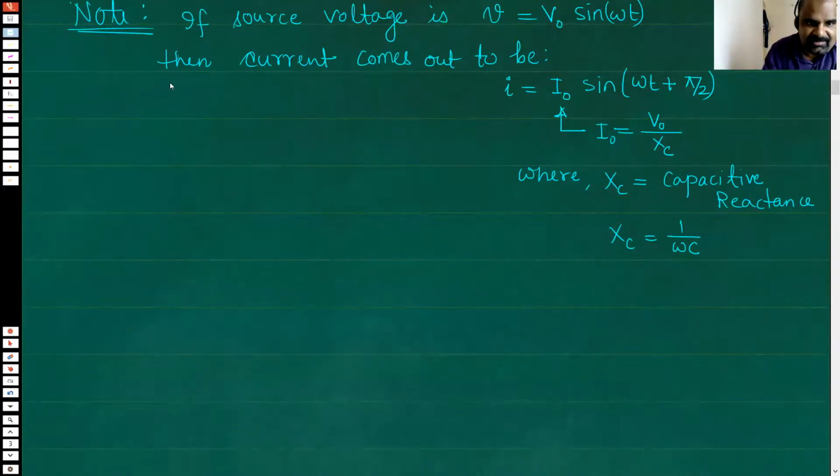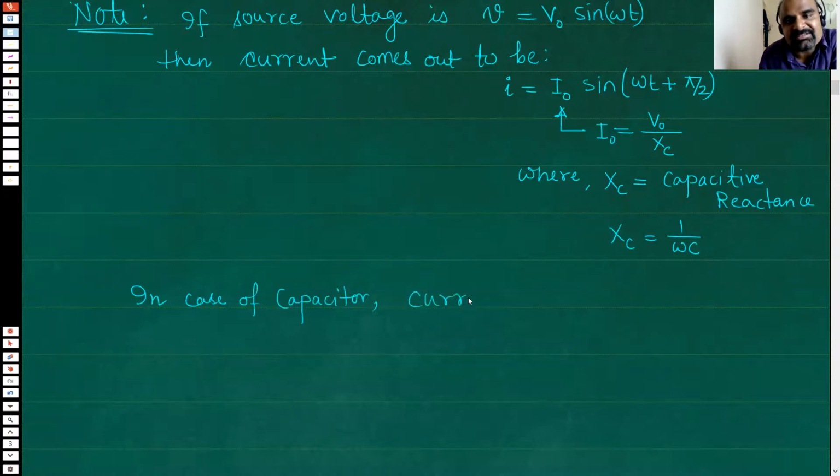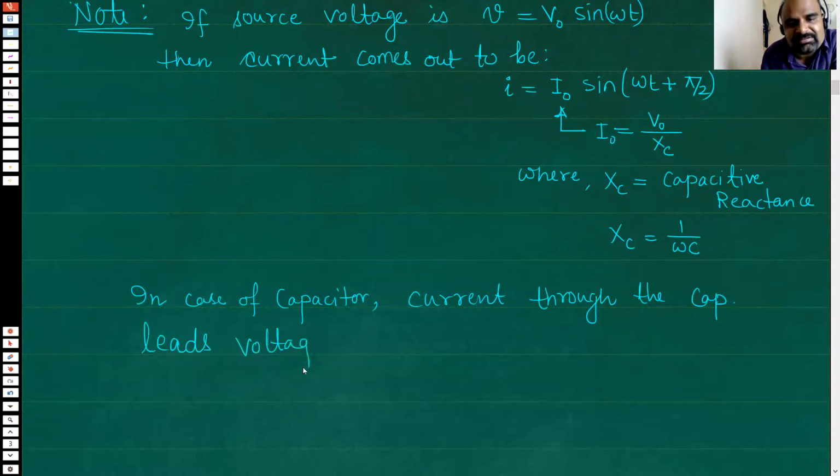So what can we say? We can say as a conclusion that in case of a capacitor, current through the capacitor leads voltage across it by pi by 2.